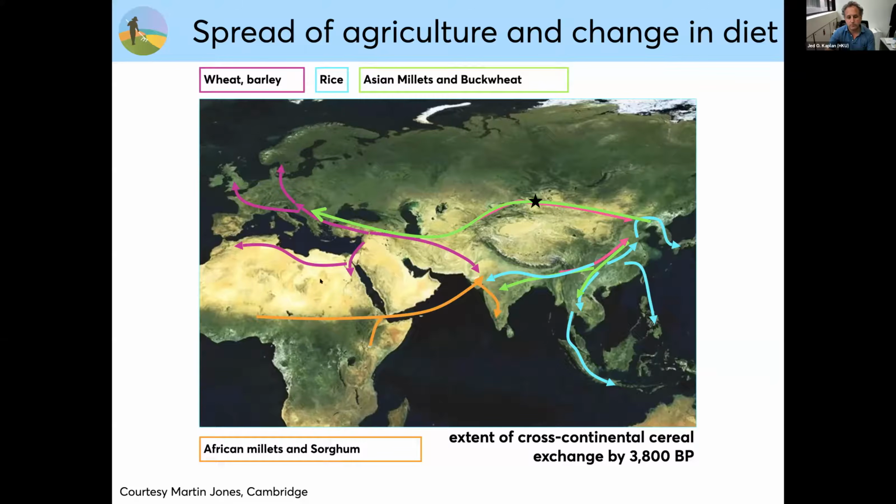So wheat and barley, which come from Southwest Asia here, make it all the way into Western Europe, but they also make it all the way into China. Millets and sorghum make it from this Sudanian area in Africa across into India. Asian millets and buckwheat make it from East Asia into Europe and South Asia, and so on. So the idea of agriculture spreads rapidly.